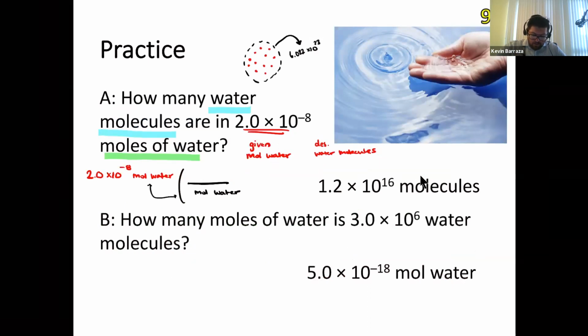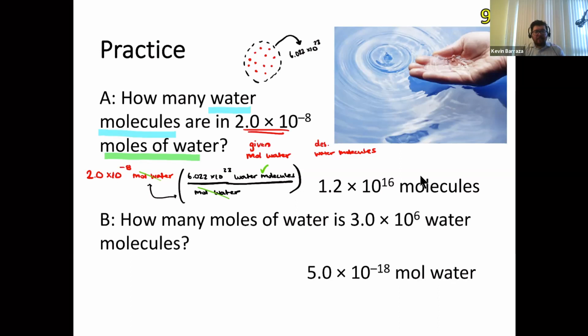So I'm going to have 6.022 times 10 to the 23 water molecules. And I knew that I was going to run out of room. Good thing I anticipated that. That's going to get our units to cancel in the way that we want.